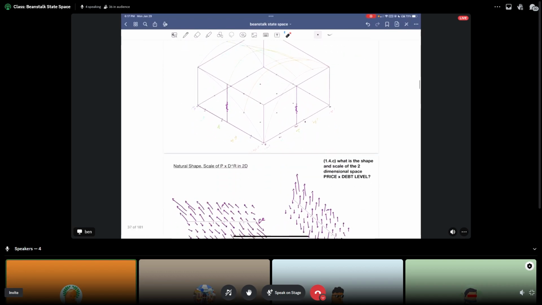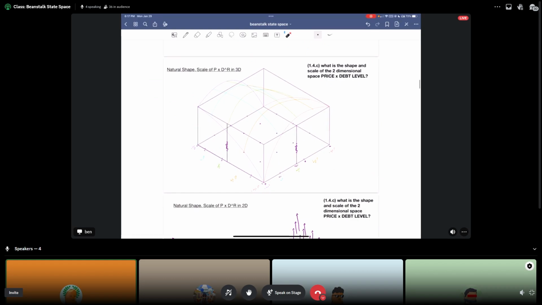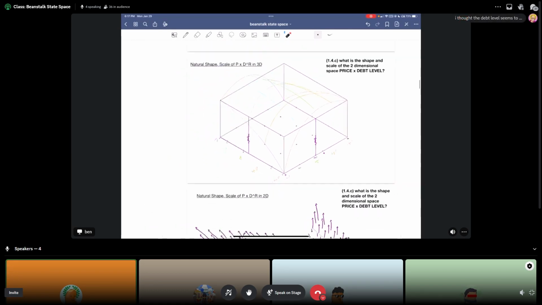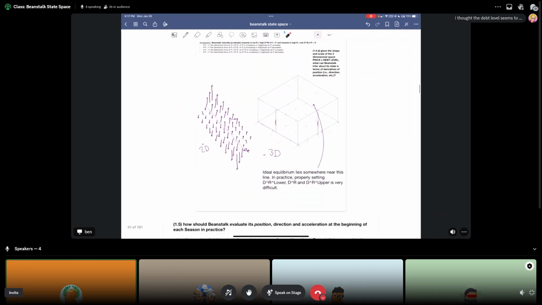But through using demand for soil, through measuring Beanstalk's ability to apply force, particularly in this direction, because Beanstalk can always, through minting, apply force in this direction, Beanstalk can measure whether or not it's accelerating or decelerating in these directions. So that's generally how the current peg maintenance works.